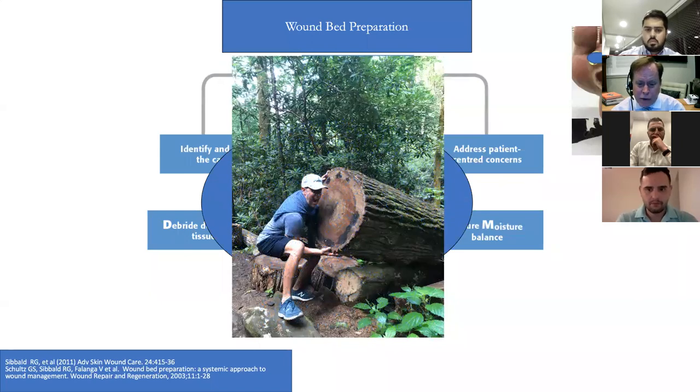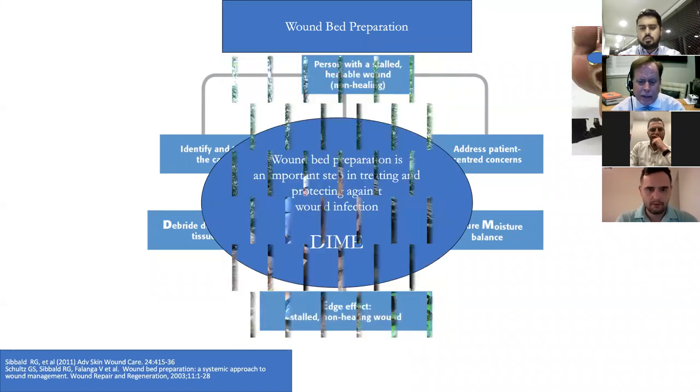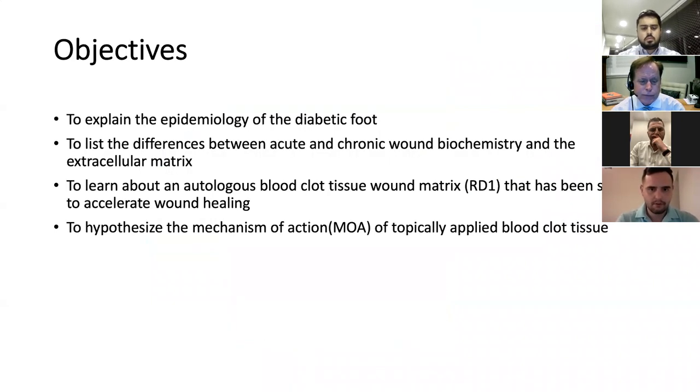Unfortunately, despite heroic efforts, very often standard care just does not work. And we are relegated to using more advanced therapies to really turn a light switch on, if you will, to activate the wound and to move it into a healing cascade. So our objectives are straightforward. We're going to first and foremost explain the epidemiology of the diabetic foot, at least in the United States.